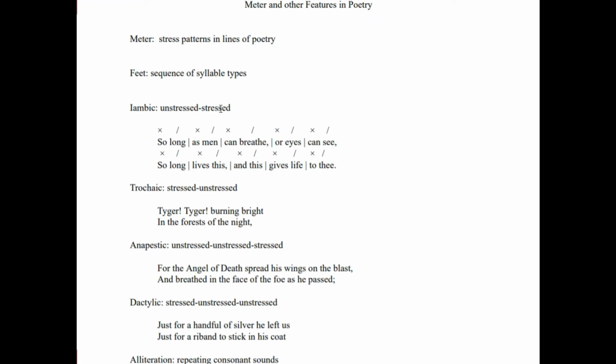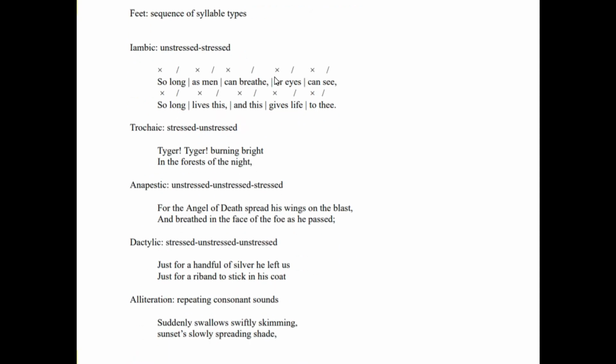Units of rhythm in poetry are called feet, so it's a repeating sequence of rhythms in syllables. We are going to look at 4 different types of rhythm or feet: iambic, trochaic, anapestic, and dactylic.